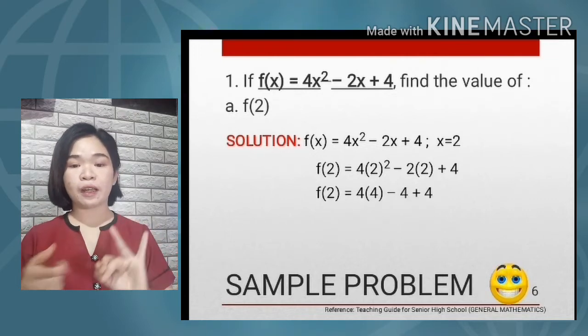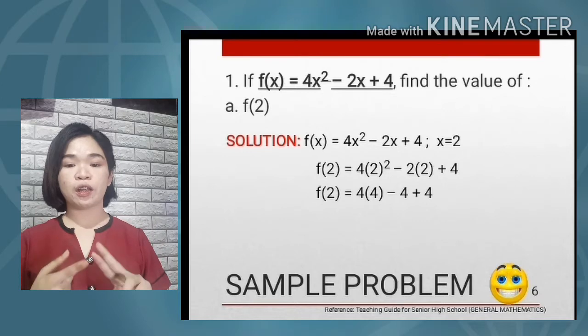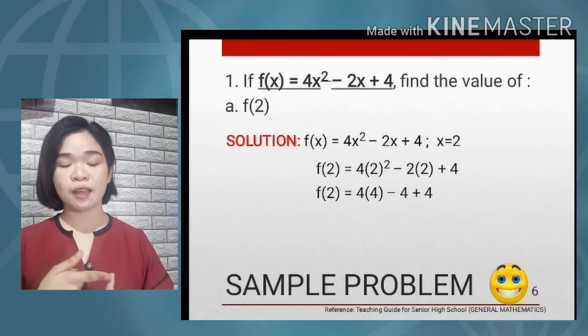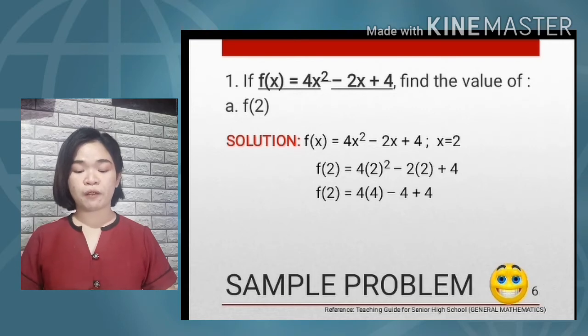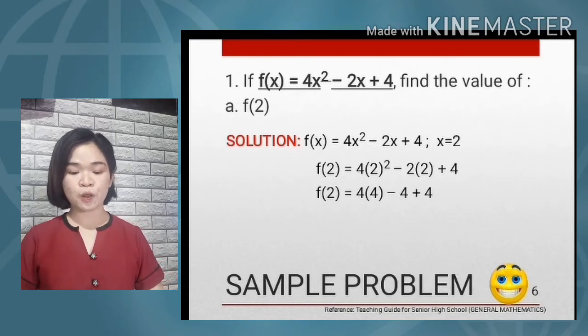Grouping symbol, exponent, multiplication, division, addition, and then subtraction. So we perform the exponent first, which is the 2 squared, which makes the new equation 4 times 4 minus 2 times 2 is 4 plus bring down 4.